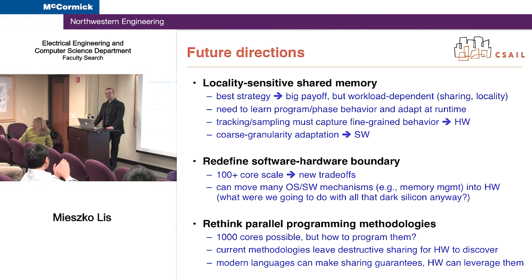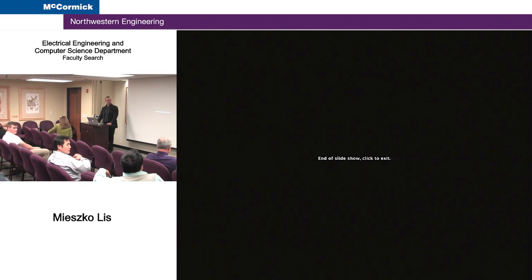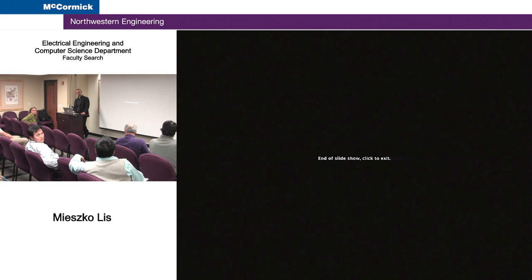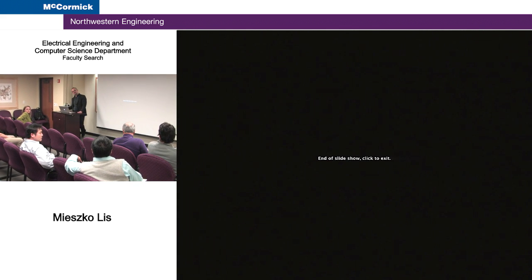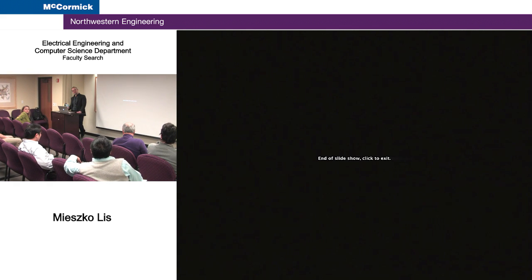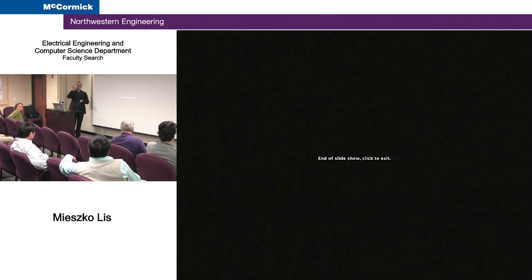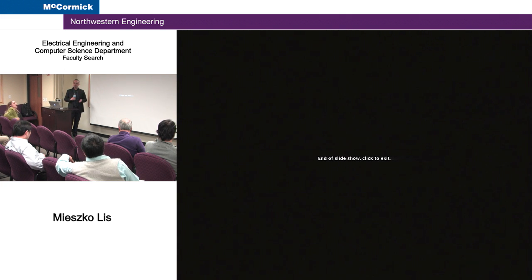Thank you. Yeah, I have a question. To my understanding, data migration is also necessary for load balancing, right? Both data and thread migration. Data migration is necessary for load balancing, especially dynamic load balancing.